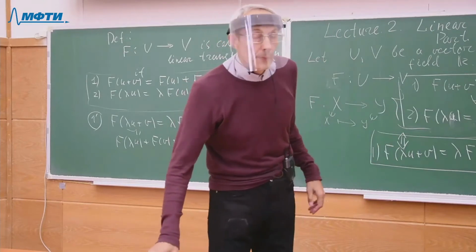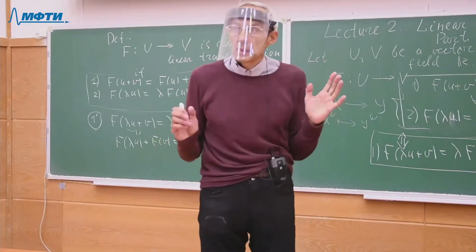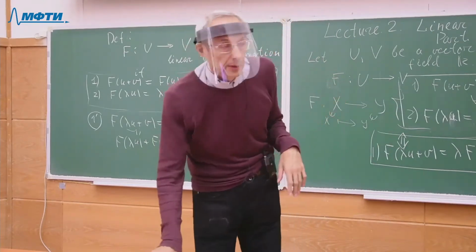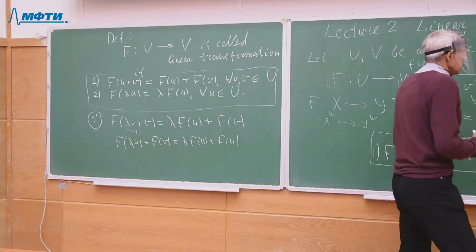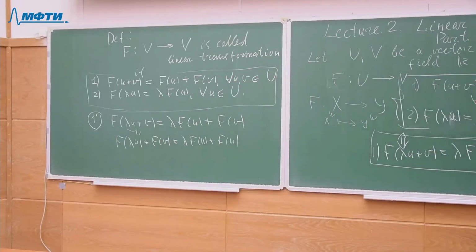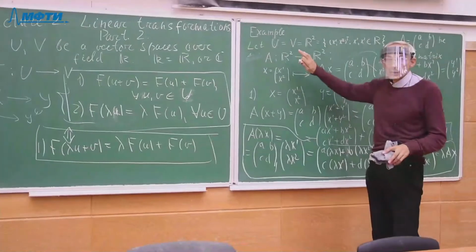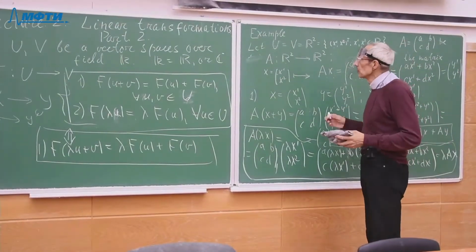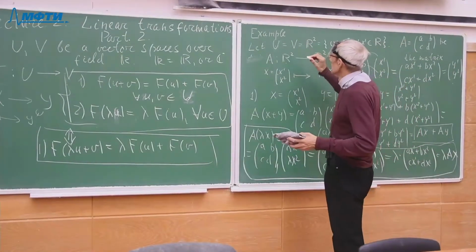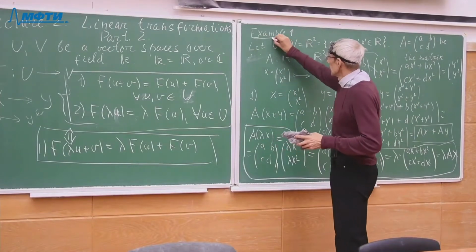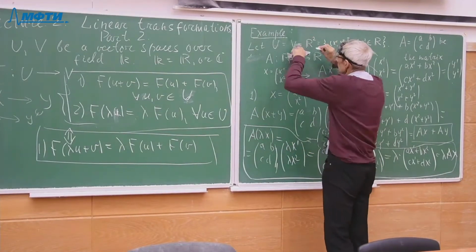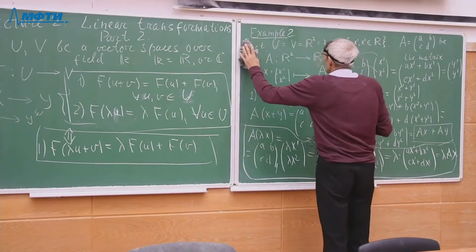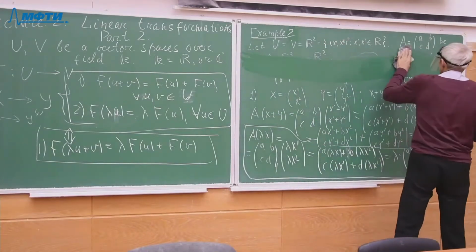You understand? We can consider some examples. I repeat, this is the most simple example of a linear transformation, and maybe more complex, this example 1. And let's consider example 2.